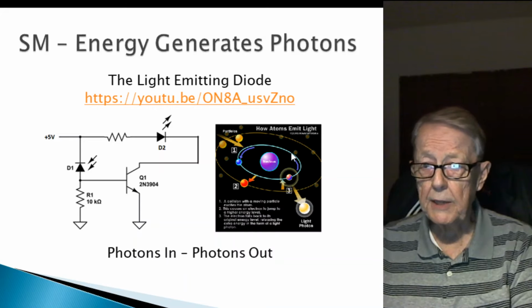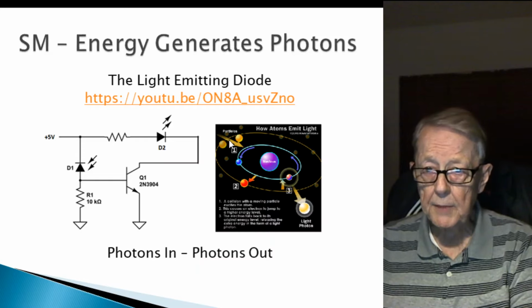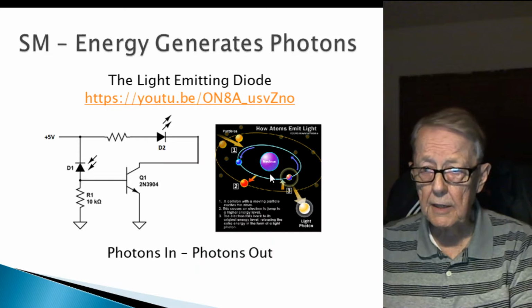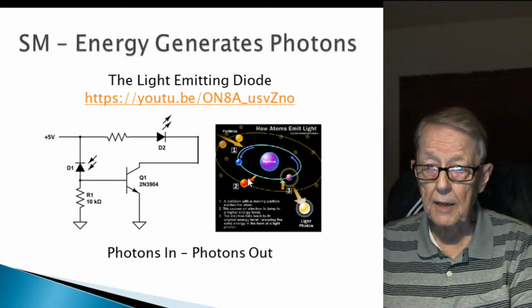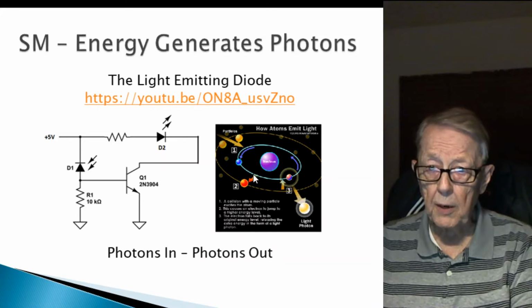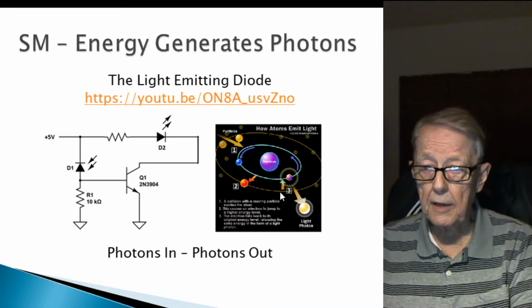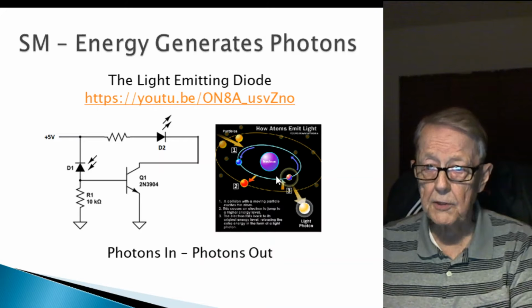But the explanation of how the photon is generated is that a particle hits the atom, it excites it, they say, and an electron moves from one level to the next, and then shortly thereafter it falls down.